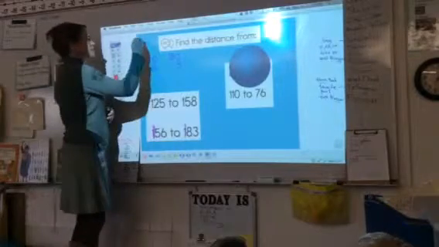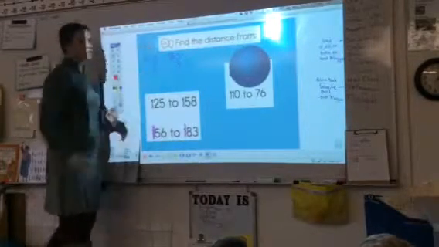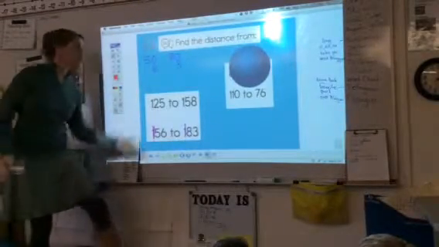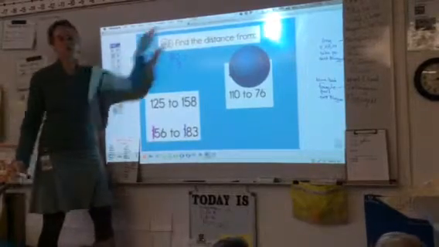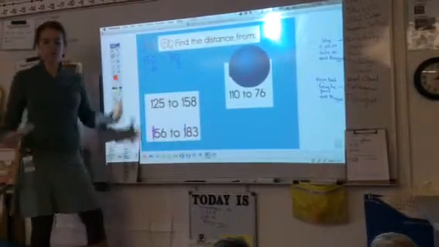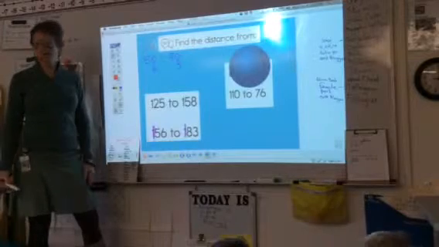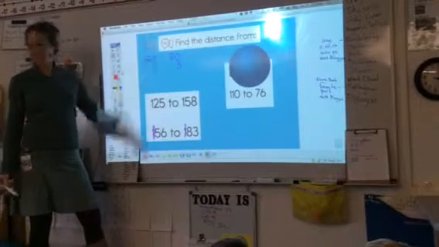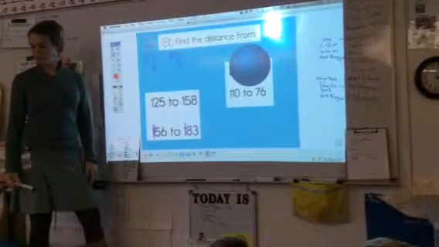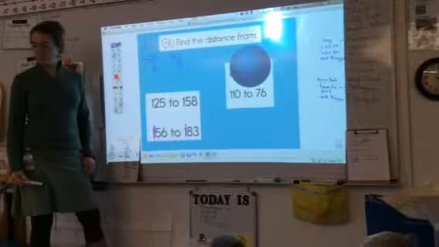So if I'm starting at 56, counting by tens is easy for us, right? So I want to get to my next closest 10, and I'm going up. So what's the next closest 10 from 56? 60. How many do I need to add to 56 to get to 60?